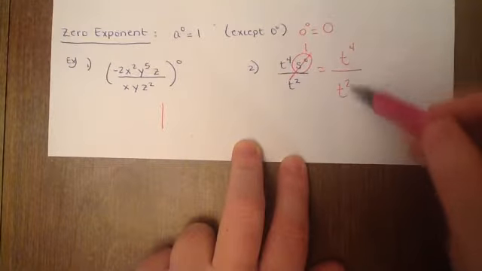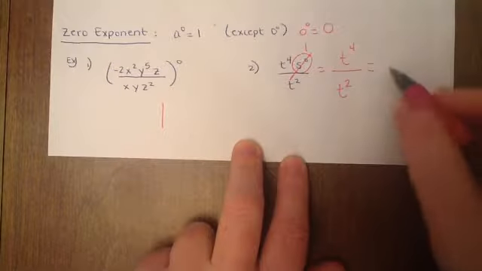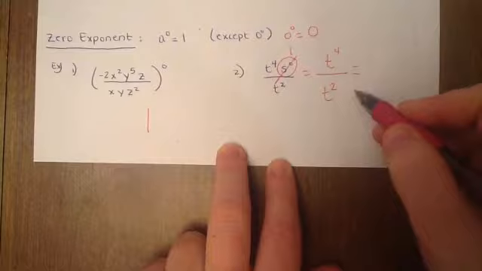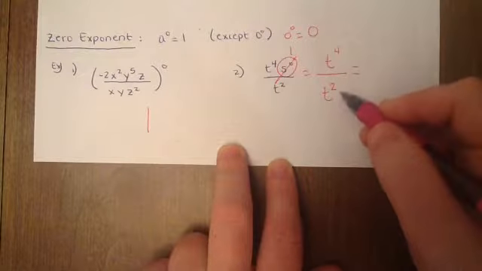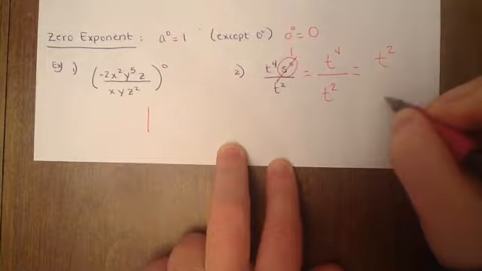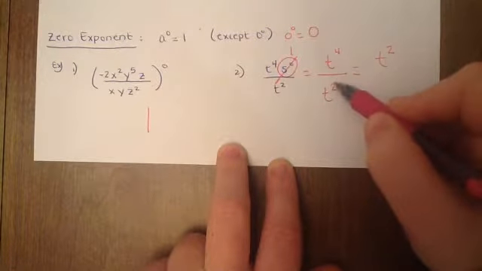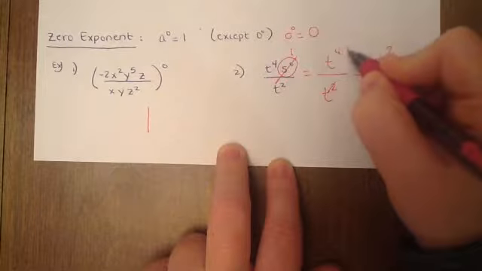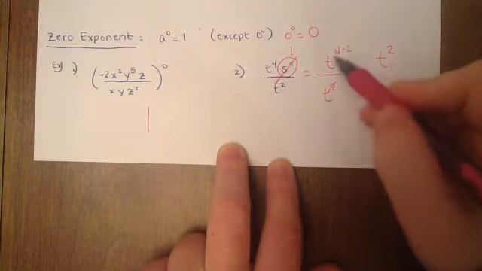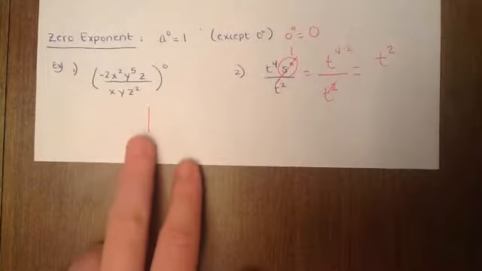If I have 4 t's on top and 2 t's on bottom, how many t's do I have left? 2 t's, and will they be on top or bottom? On top. Subtract these, because you're going to have 2 of them cancel. And they'll be left over on top, because that's where we had the most. Nice job.